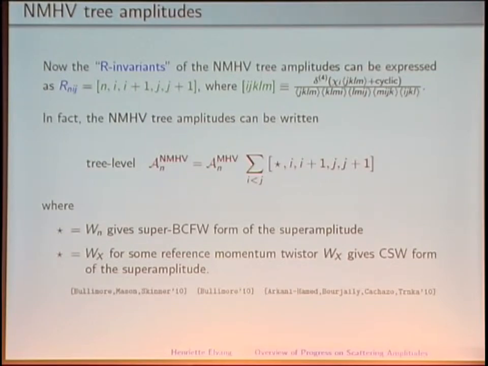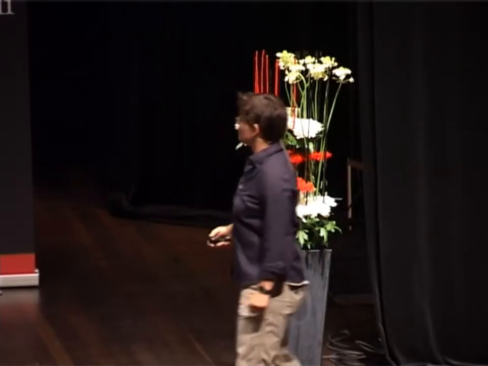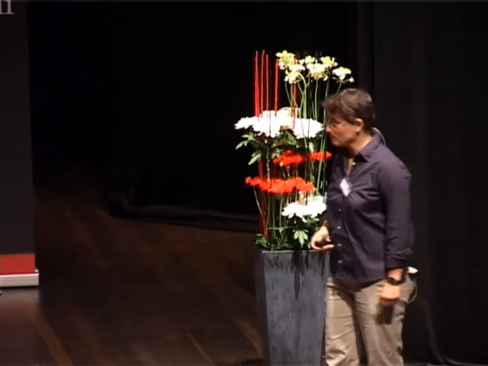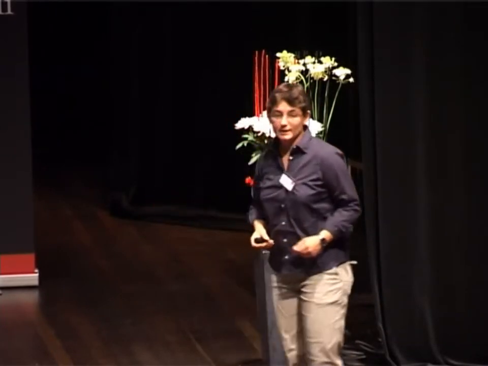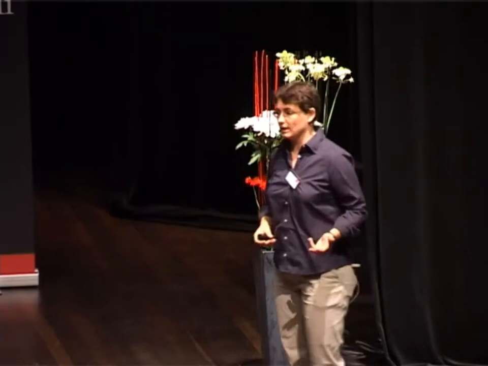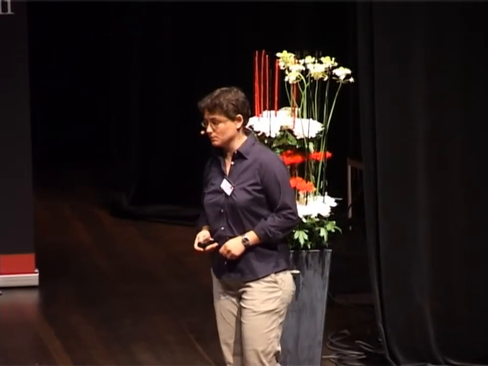If I choose one of these points to sit here, then I exactly get the super BCFW representation of the amplitude. On the other hand, if I were to choose some random reference momentum twistor, which doesn't have anything to do with the n external lines, then I get a CSW form of the superamplitude. So now we see some way of actually uniting these expressions, something that was not at all visible for the earlier derivations in just spinor helicity formalism.